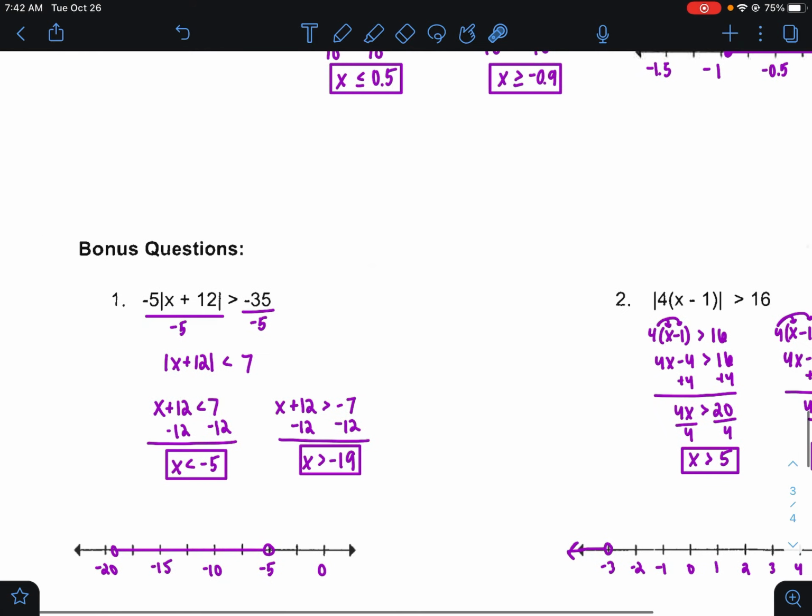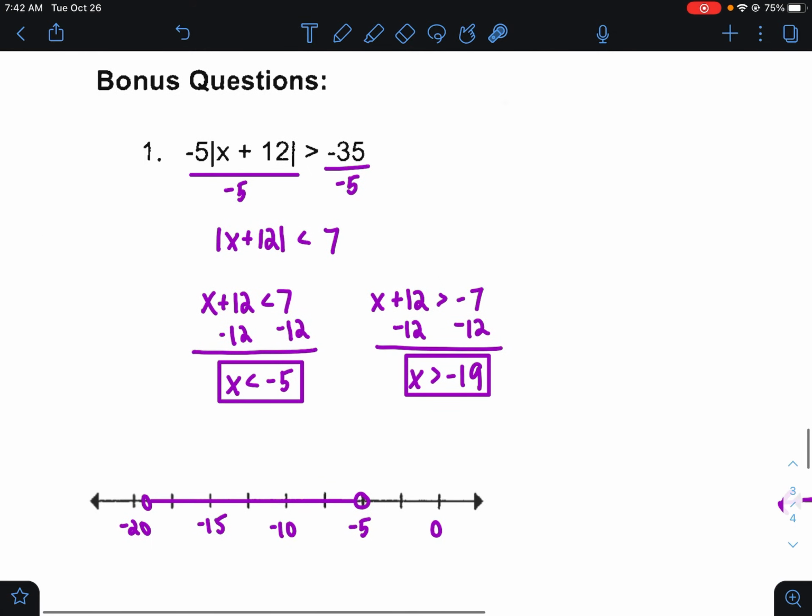Okay, last two here. These would be considered like bonus type questions. The absolute value here in number 1 is not by itself, so we have to divide by negative 5, and when we divide by a negative, we flip the inequality. So I end up with absolute value of x plus 12 is greater than a positive 7.